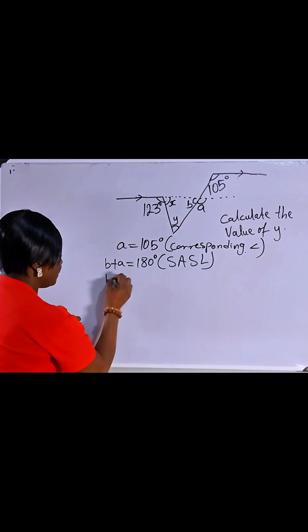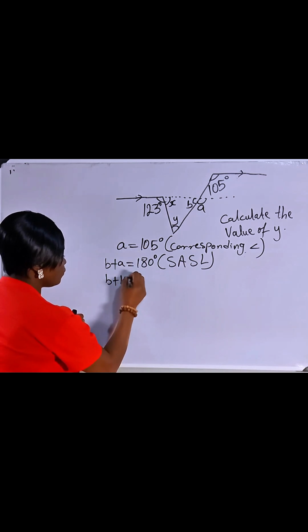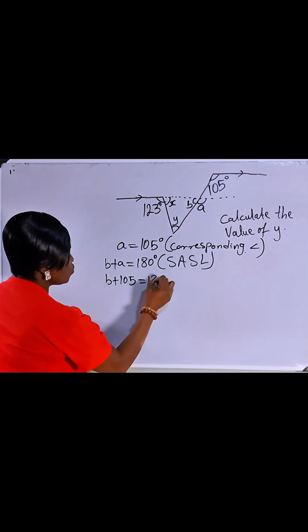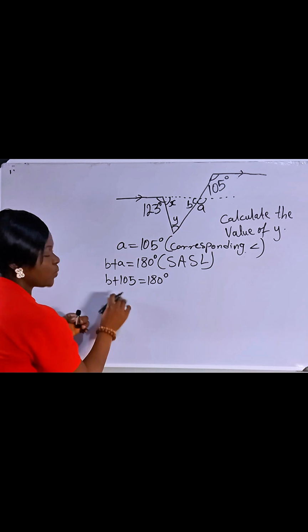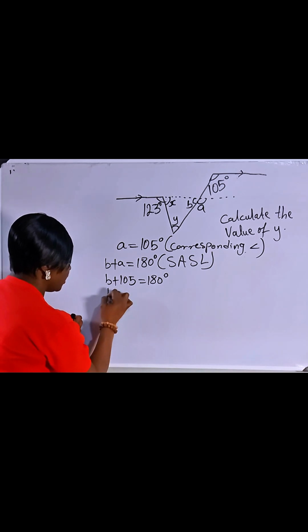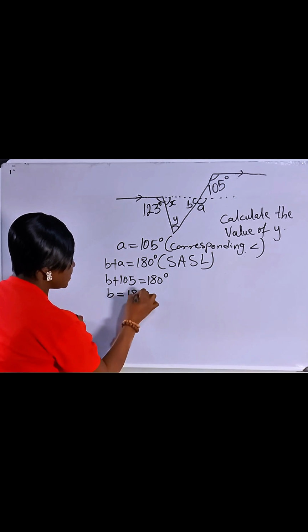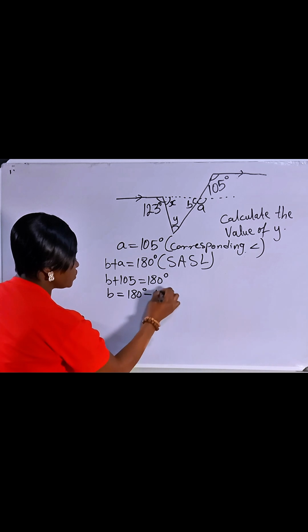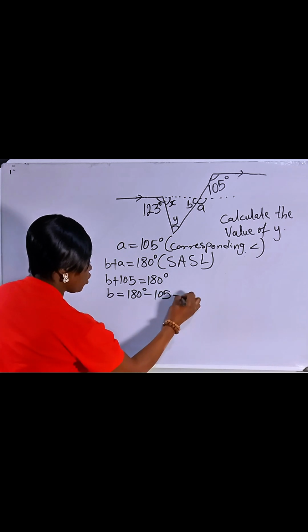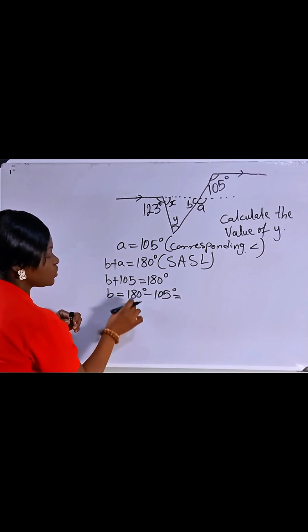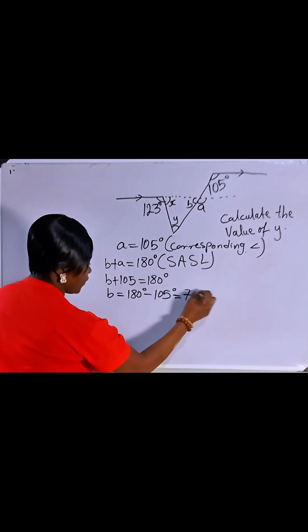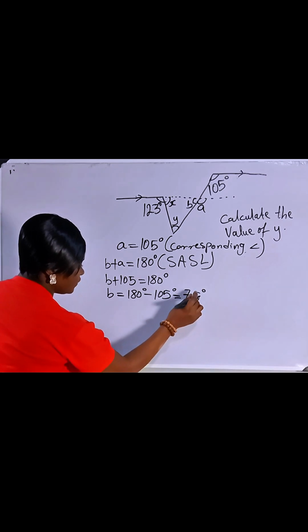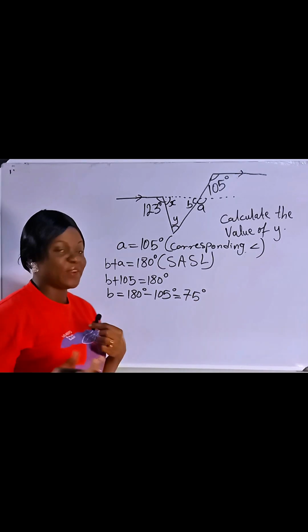So we have B plus A, which is 105, and this equals 180. So we are going to collect like terms. B will be equal to 180 degrees minus 105, and 180 minus 105 will give us 75 degrees. You can see that it's very, very simple.